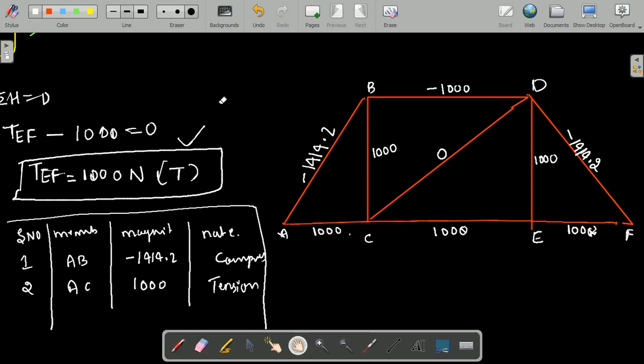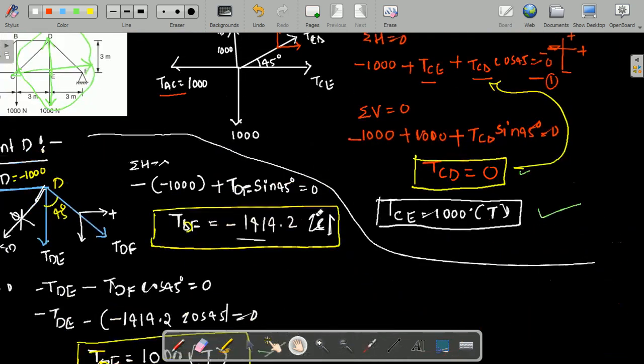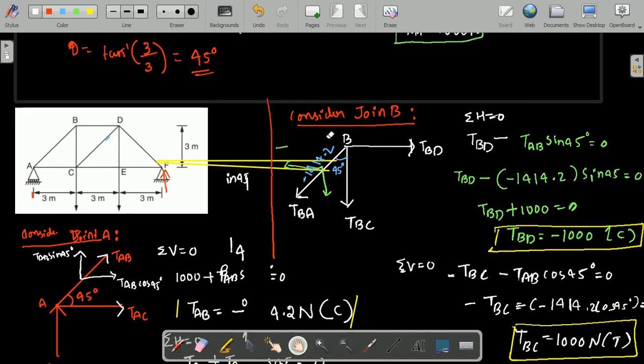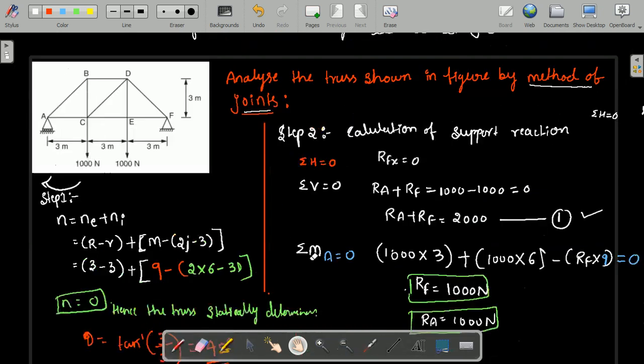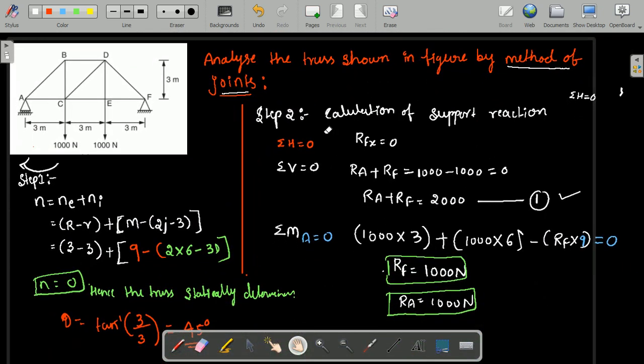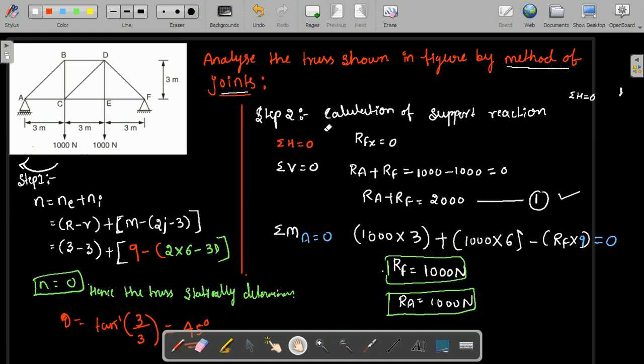So this is the complete procedure of how we analyze the truss using the method of joints. Is it clear? It is a lengthy procedure, but it is only the application of the equilibrium conditions. So don't get confused, don't hesitate, because the procedure is lengthy but the method is very simple. The truss is given, and you first need to find out whether it is statically determinate or indeterminate.